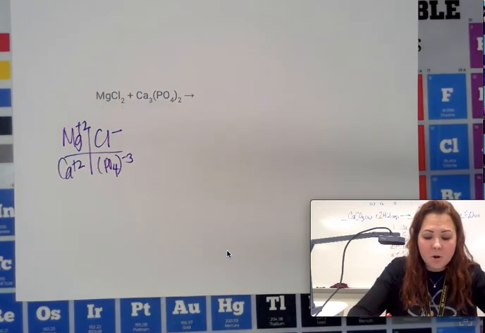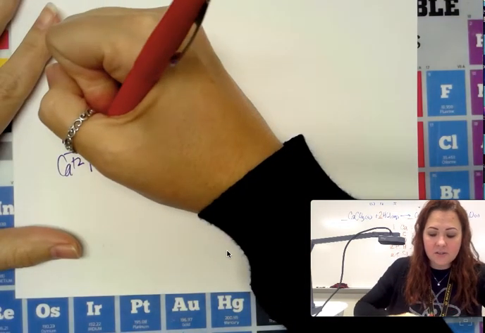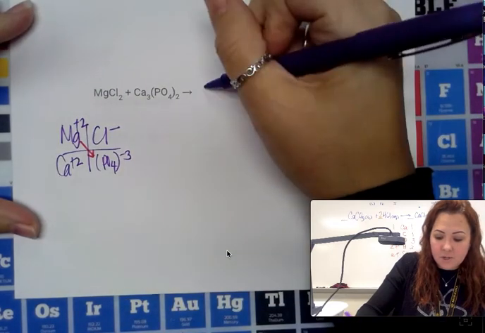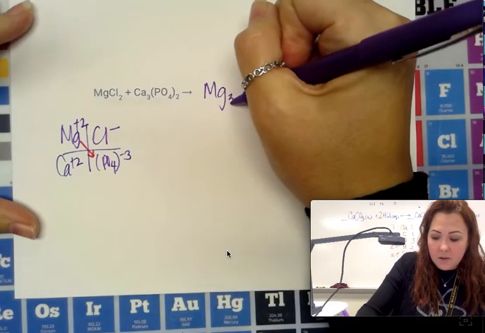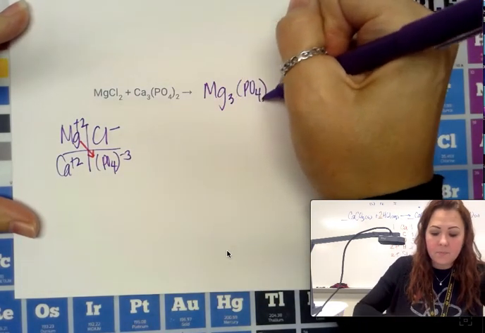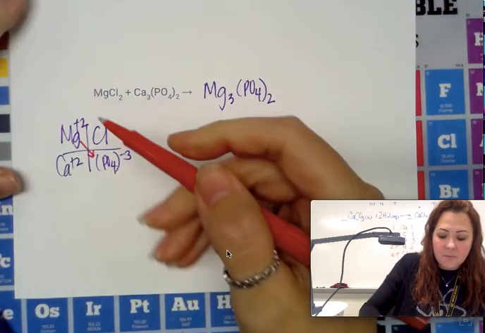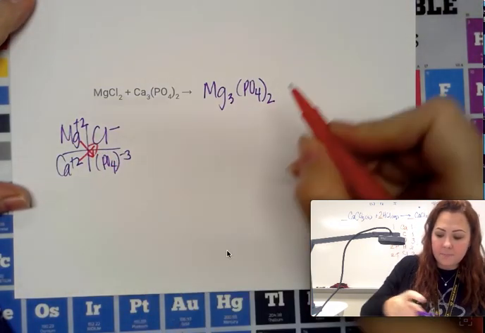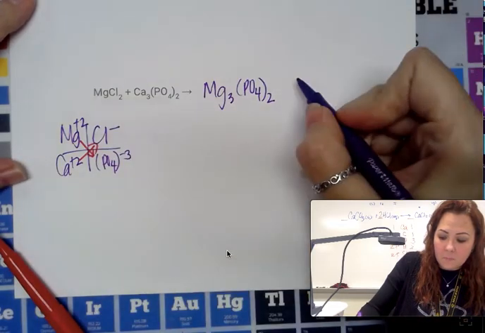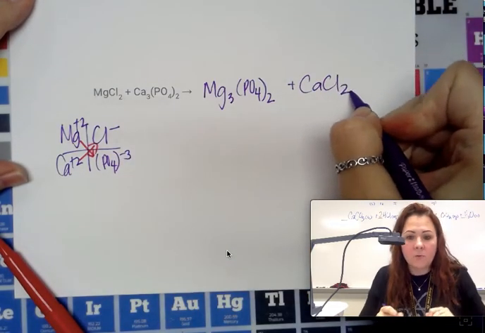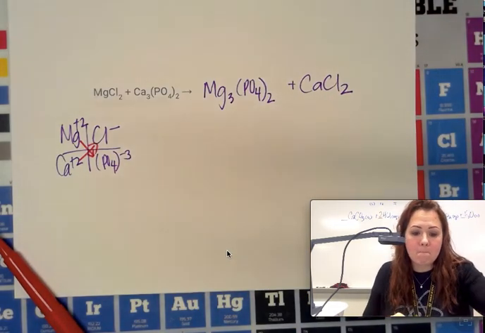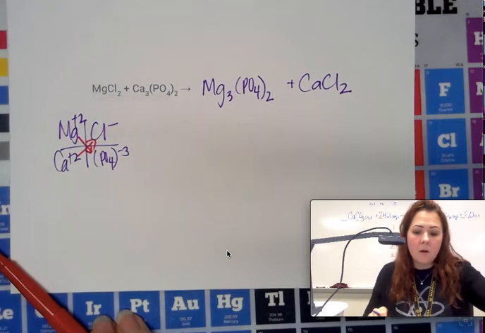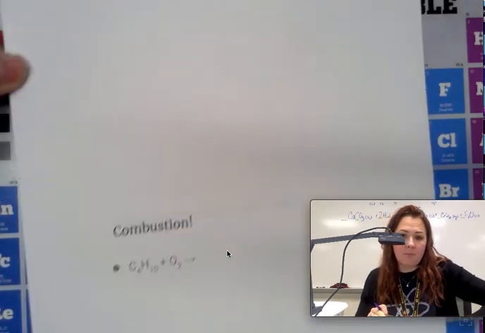I'm going to get my new partners, magnesium with phosphate, Mg3(PO4)2. And then I'm going to take calcium and pair it up with chlorine. So that one would just look like that.